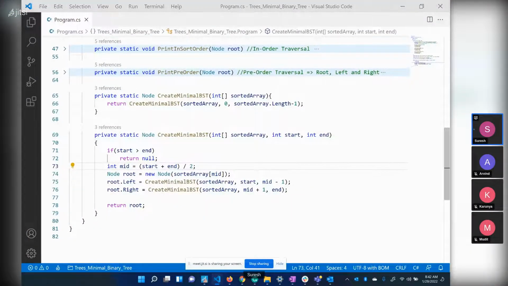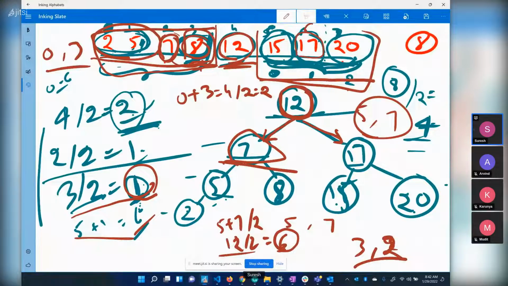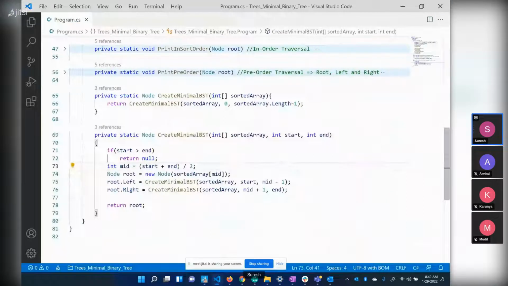So when you are calculating only for the 8, let's take the 8. The subarray is 8 and start value is 3, end value is 3. That means mid value is 3 plus 3 by 2, which is equal to 3. So you take the 3 and you put the 8 here. Now you need to calculate left for the 8, right for the 8.